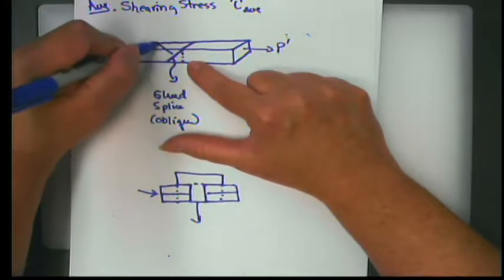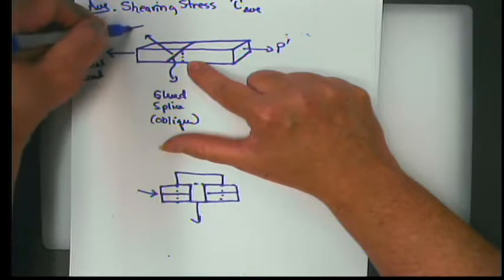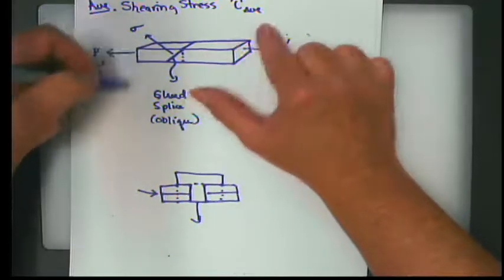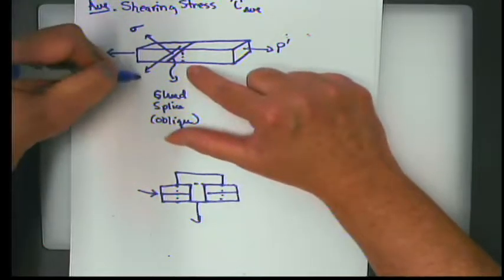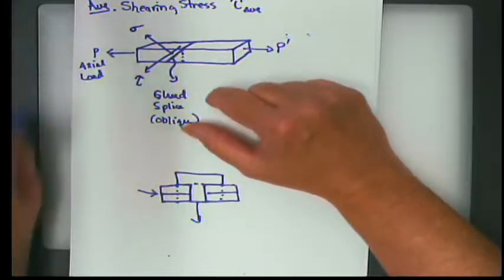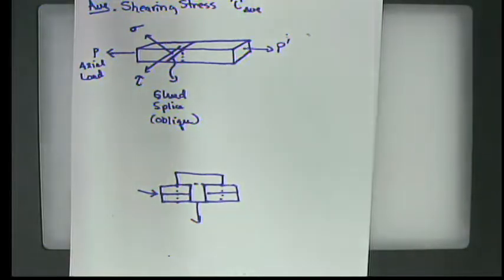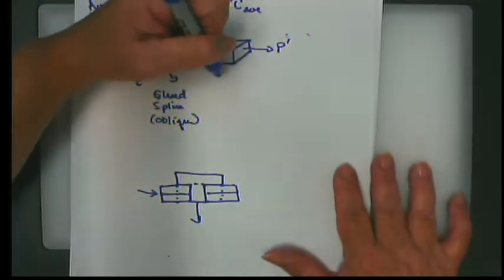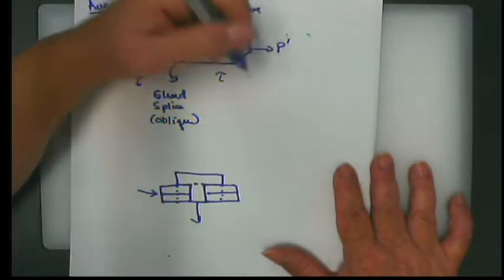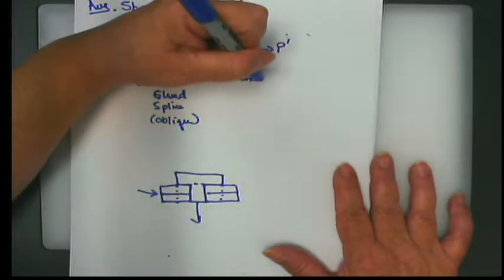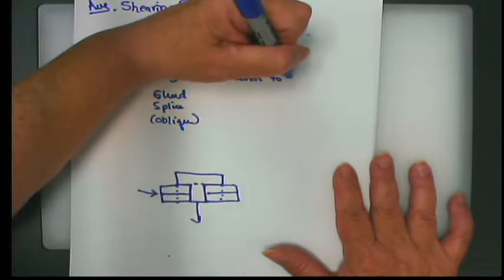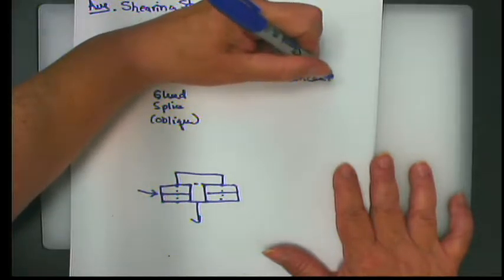We're going to have one that tends to pull this apart, which we know to be sigma, and we're also going to have one that tends to slide along that glued splice, which is tau, or a shearing stress. So one of the interesting things about shearing stress is that it tends to concentrate at areas of discontinuity. And this gets into a little bit more analysis that we'll cover up in, I think, chapter 5 or something.